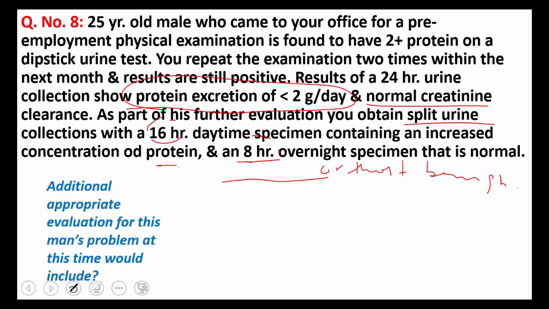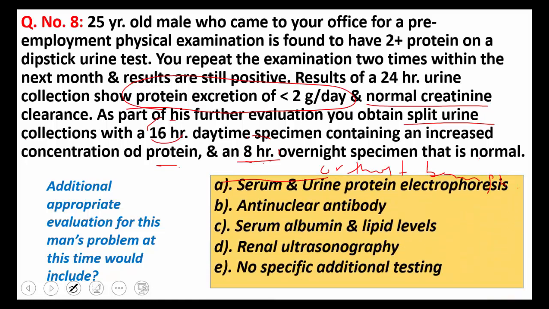What additional appropriate evaluation for this man's problem at this time would include? So what will you do? You will do nothing. So no specific additional testing, because this is actually a benign condition in persons younger than 30 years of age who excrete less than 2 gram per day protein and who have a normal creatinine clearance.